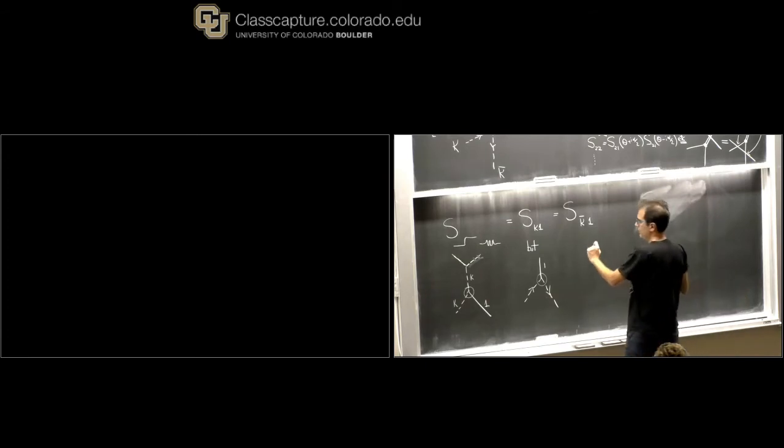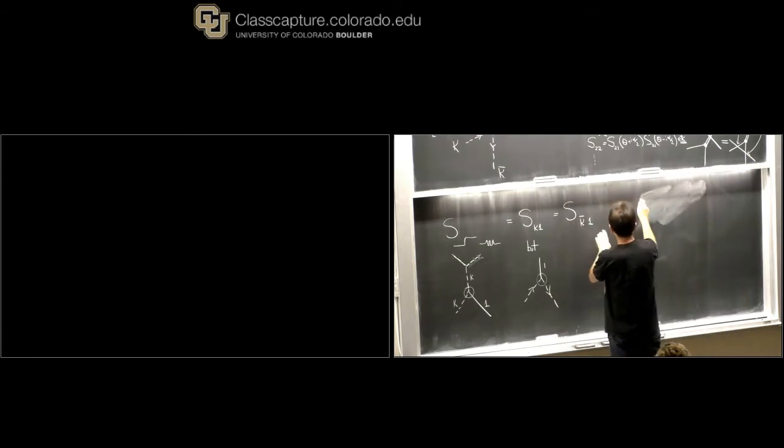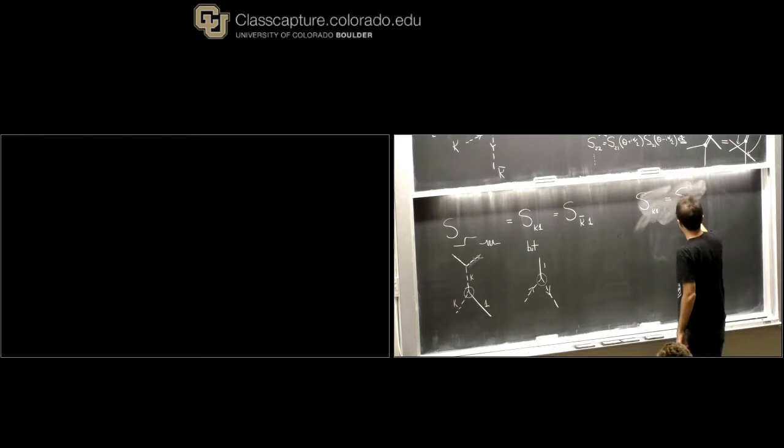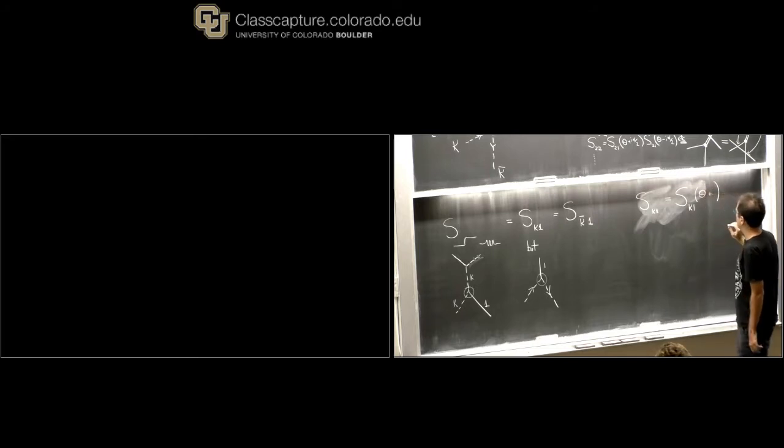So I want to say the following. We want to guess this subject, and I want to say that S_{K1} should obey an equation of S_{K1} with some argument shifted, times S_{11} with some argument shifted.